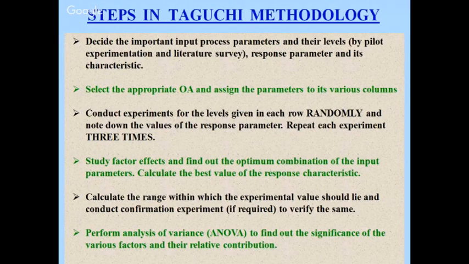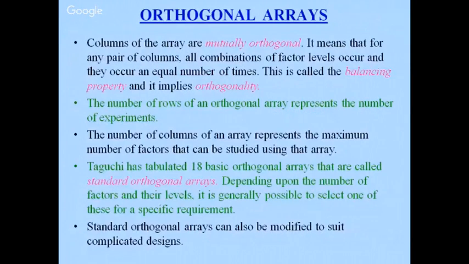And then it will give me the optimum combination of input parameters. Calculate the best value of the response characteristic. We will come to that. Next point is calculate the range within which experimental value should lie and conduct confirmation experiment if required to verify the same. Okay, this I will explain.